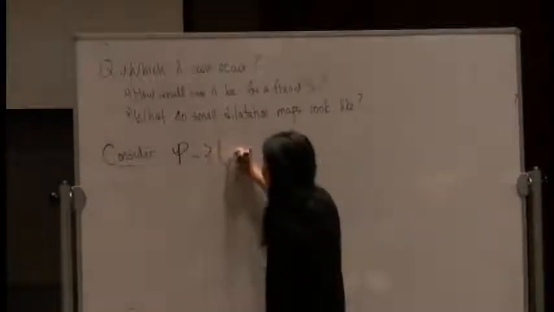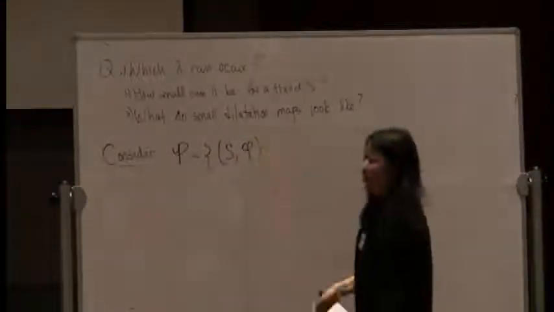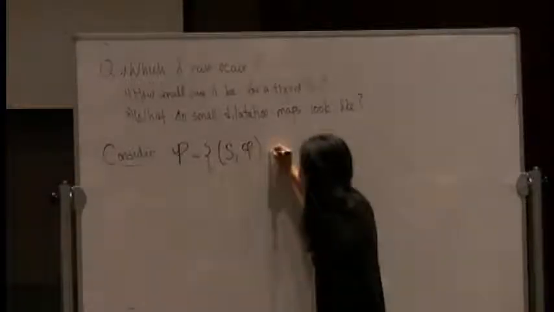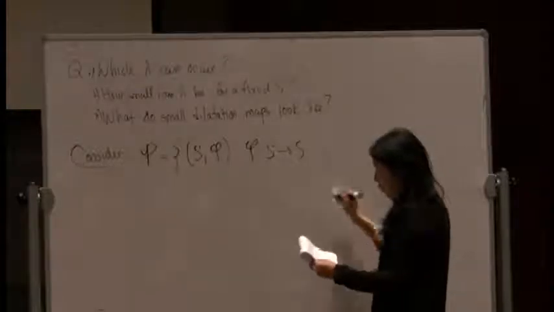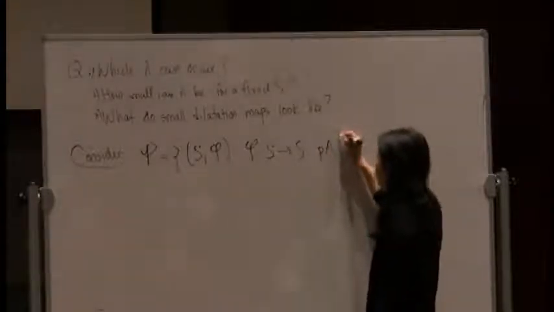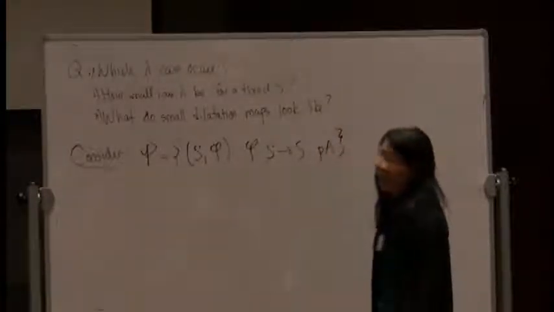Just let S vary and look at all pseudo-Anosov mapping classes altogether. So this is just some messy set.